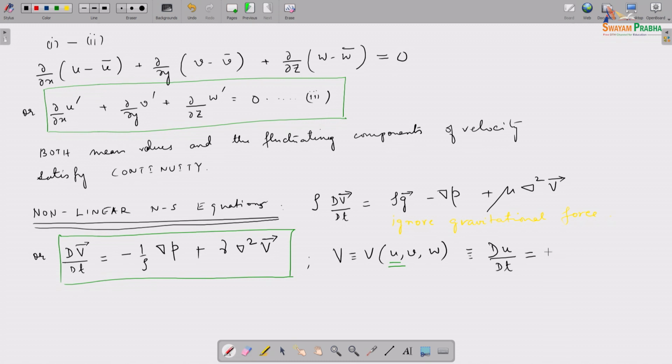So, then what I get here is, is that right? Okay. Now, this is the total derivative or material derivative, right. So, this is also equal to plus, right.